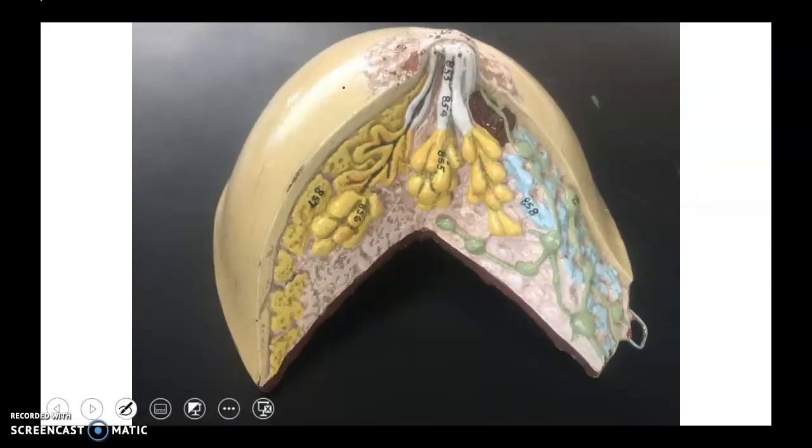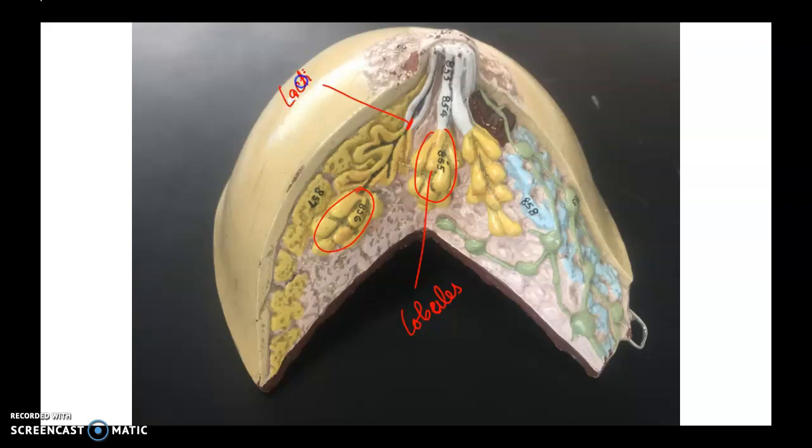If you look into a section of the boob, there are a few structures that we can identify. These structures are called lobules. And this is lactiferous duct. And the lactiferous duct form the swollen area called ampulla. And I think that's it about the boob model.